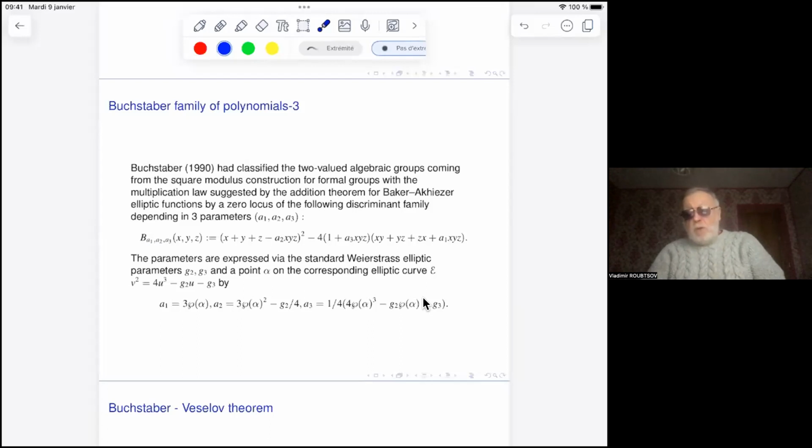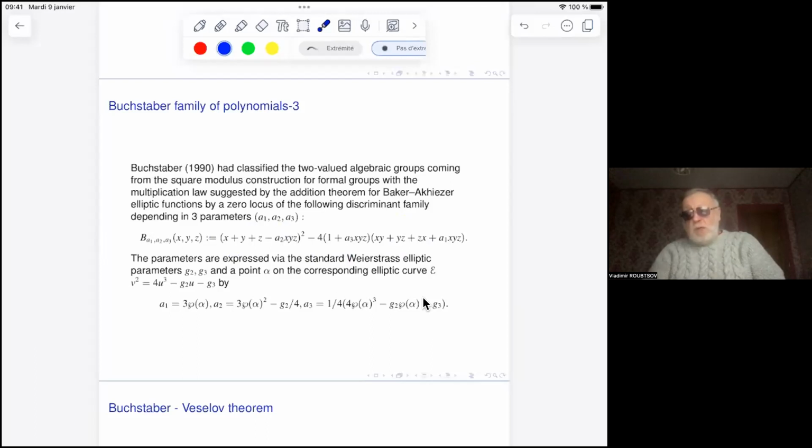Generally its degree is 6, because it is a sum of products of xyz, of degree 3 squared, so 6, and this is also the maximal degree.